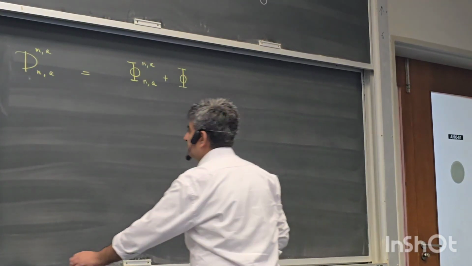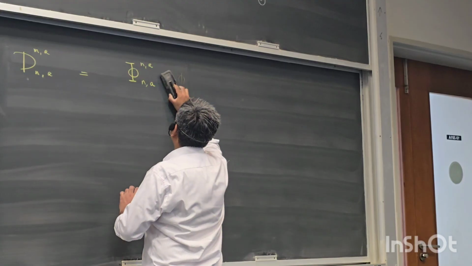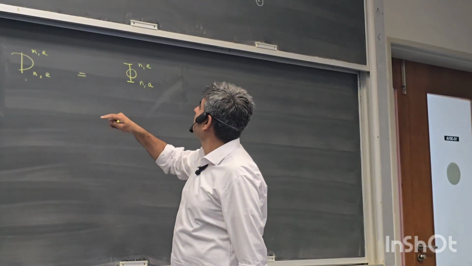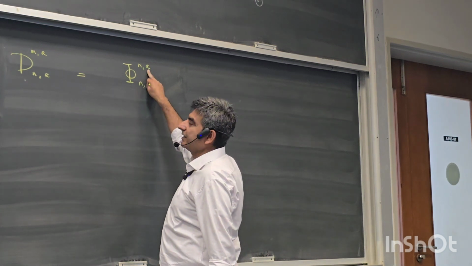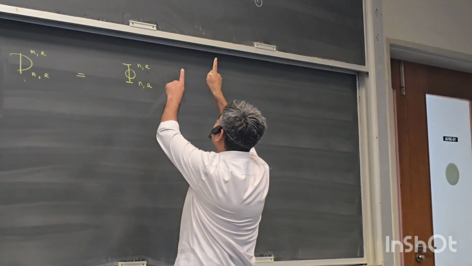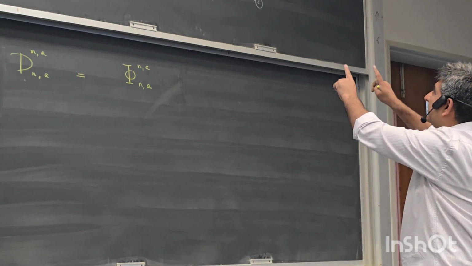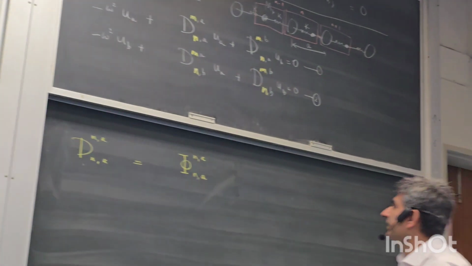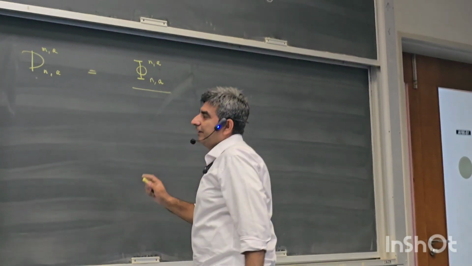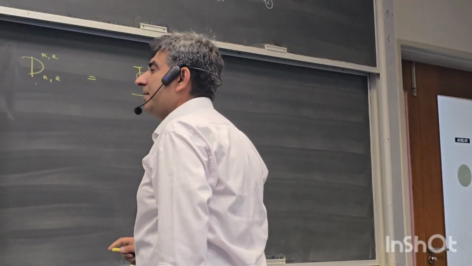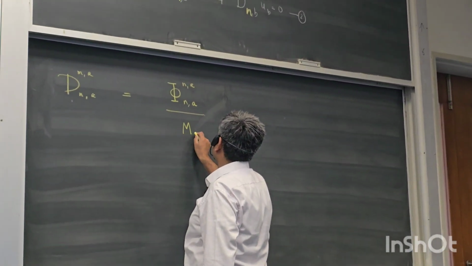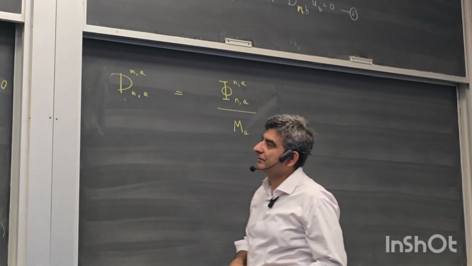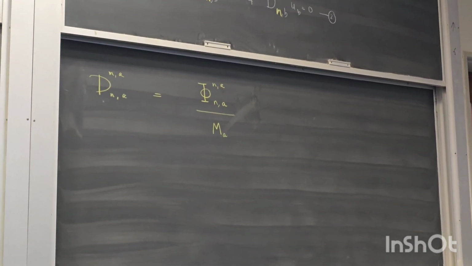So this is it. An A atom is just connected to an A atom. There is only one kind of AA connection, that is with itself. So this is phi NA over the square root of M_A squared, which is M_A.